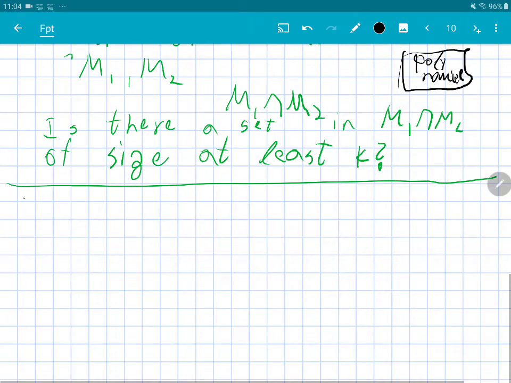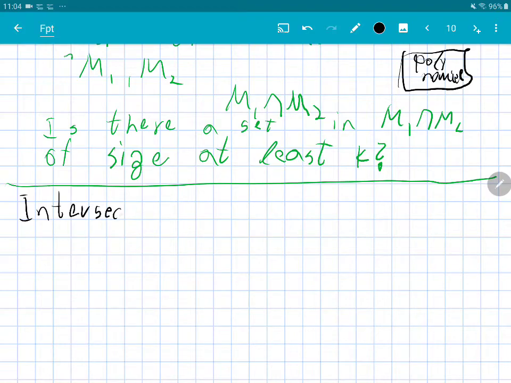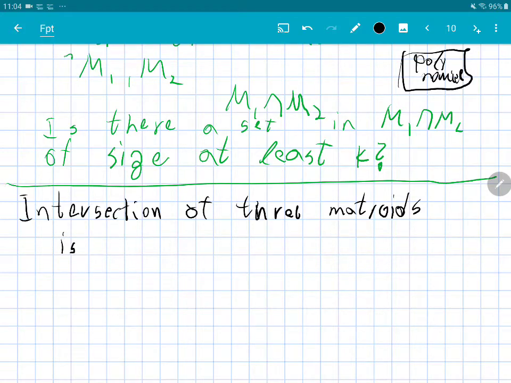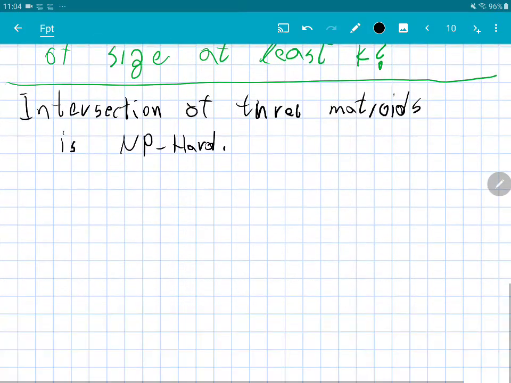to show that the intersection of three Matroids is NP-hard. Okay. And the proof is not hard.